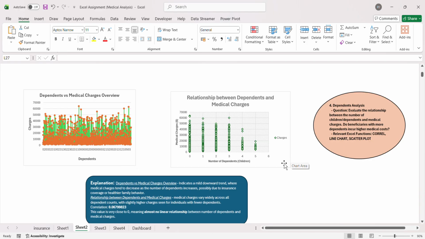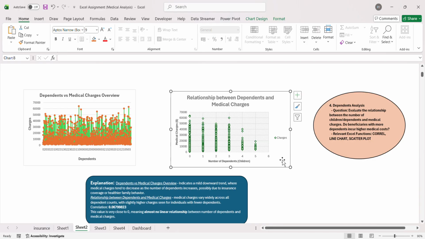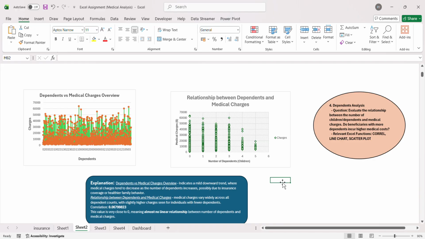On the other hand, the relationship between dependents and medical charges: charges vary widely across all dependent counts, with slightly higher charges seen for individuals with fewer dependents. The correlation is 0.0679. This value is very close to zero, meaning almost no linear relationship between number of dependents and medical charges.